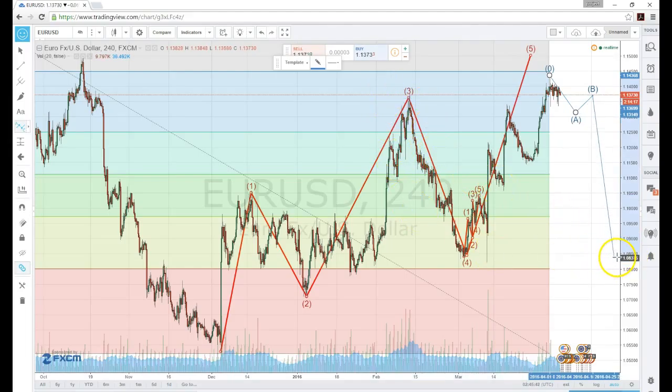I wish I could pull it all the way down, but this ABC correction could come as low as this, but more times than not, if it's going to be a trend continuation, it won't.